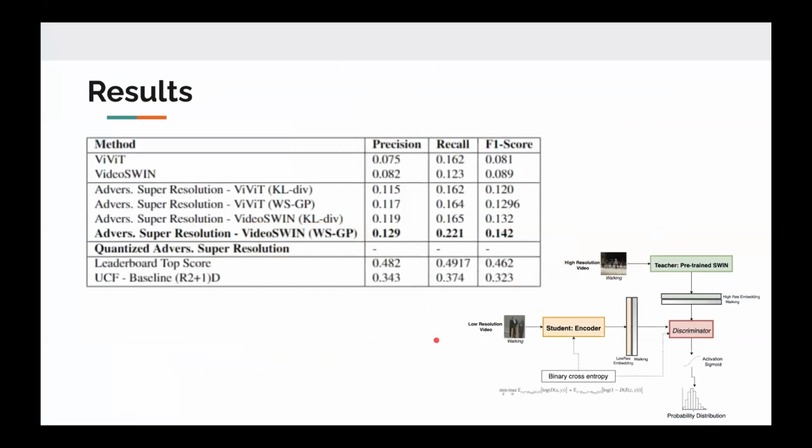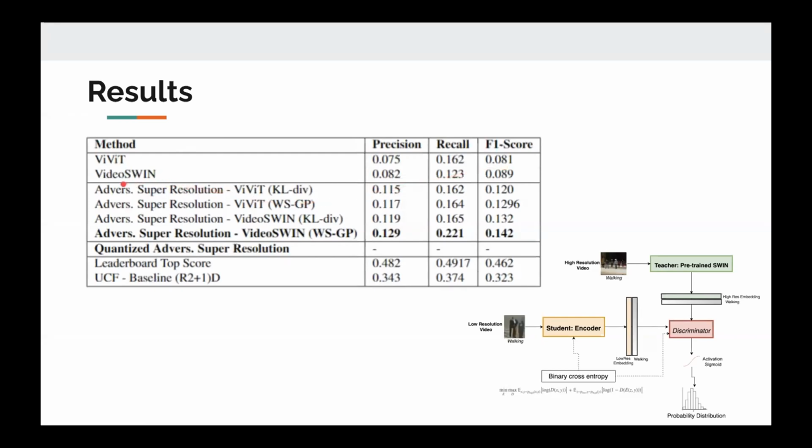So the results that we got using this basic pipeline, first off, we tried a simple video vision transformer ViViT network on the Tiny Virat dataset, and that gave us an F1 score of around 8% on the test dataset after we submitted it to the evaluation server of the competition.